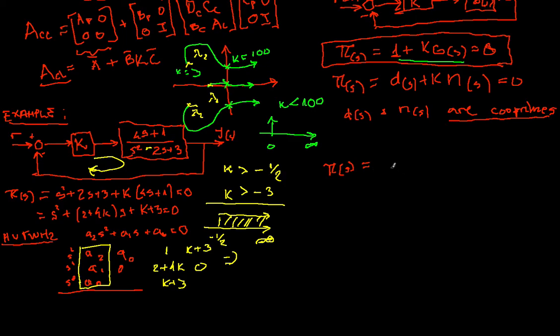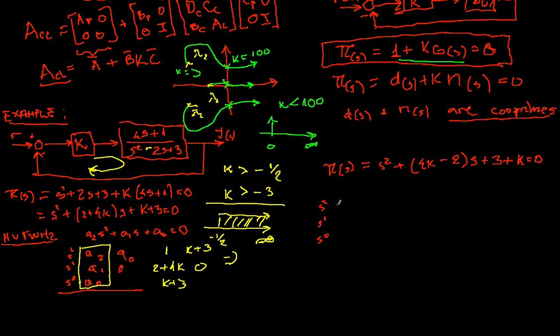And in this case, P of s is going to be s squared plus (4k minus 2)s plus 3 plus k. Okay. Again, for the Hurwitz table, we have s2, s1, s0.